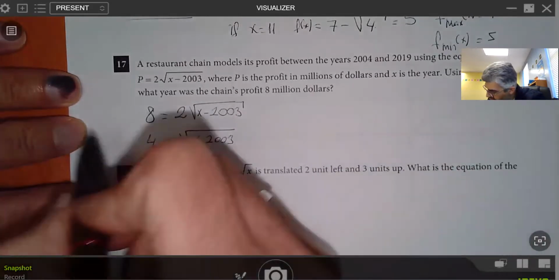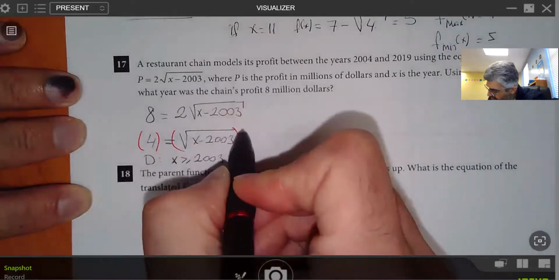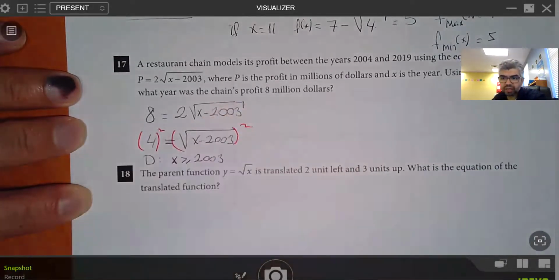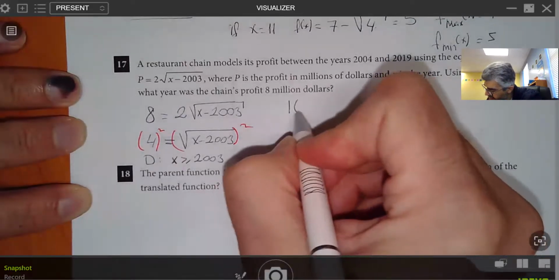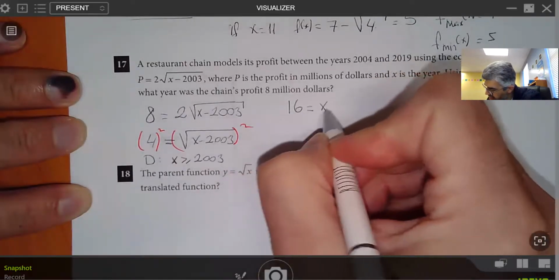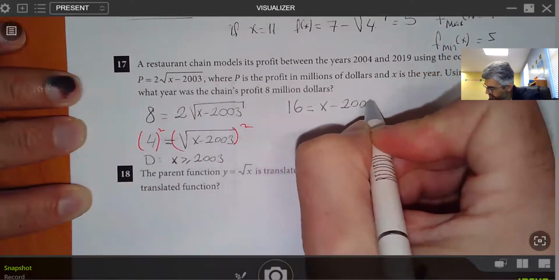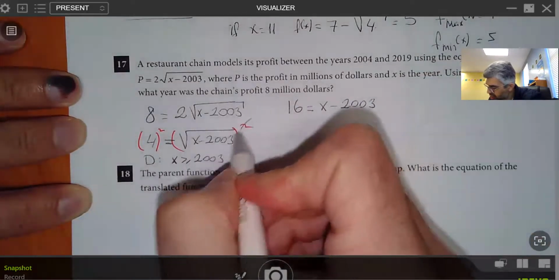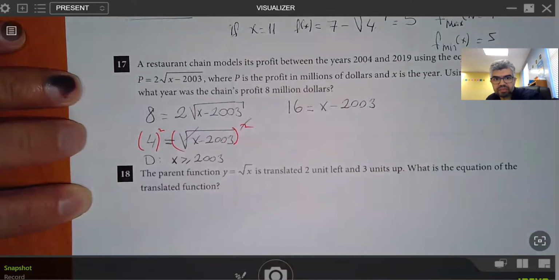Then I take the square of both sides, and I have 16 equals x minus 2003. The square and square root cancel out each other. I think it is easier than using the calculator graphing option.